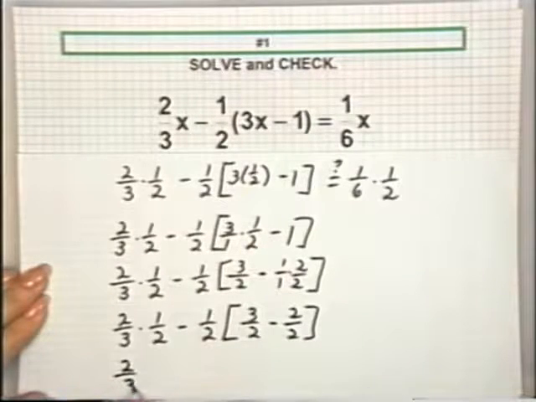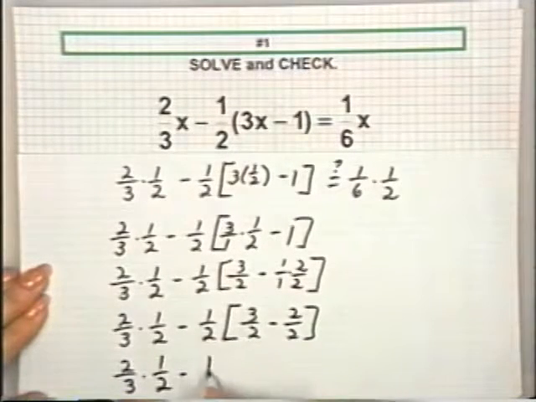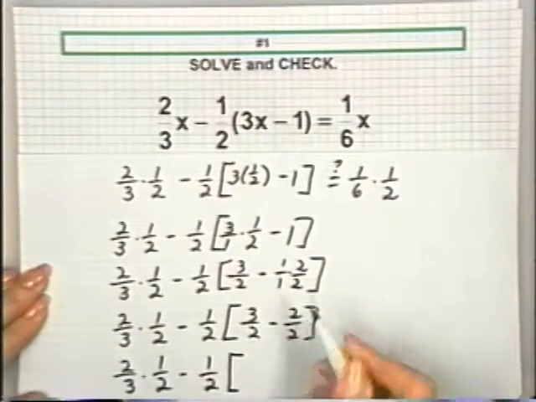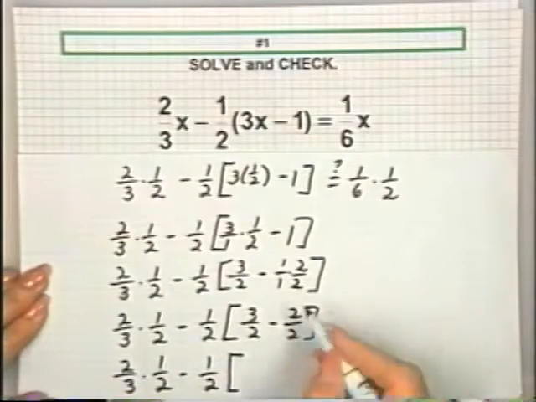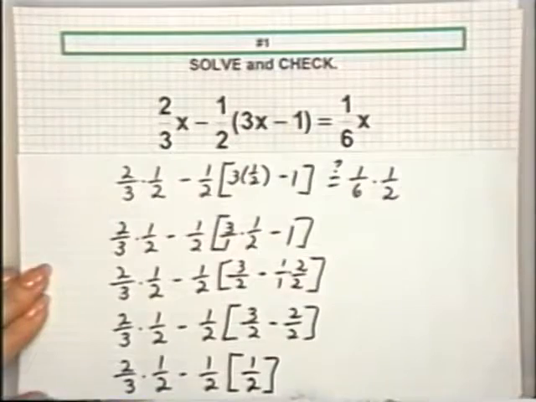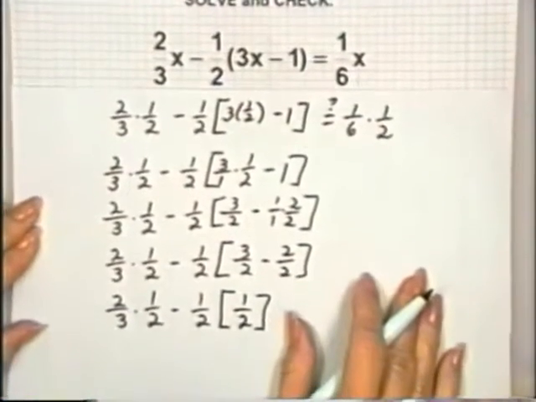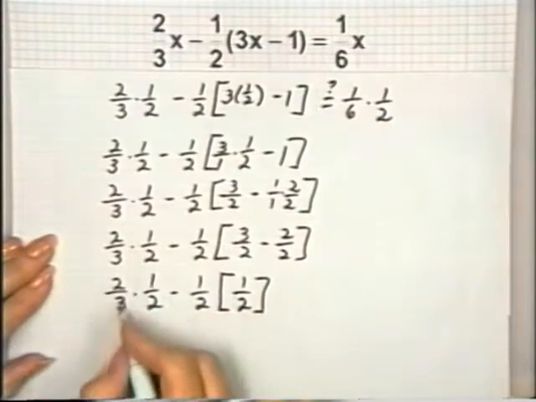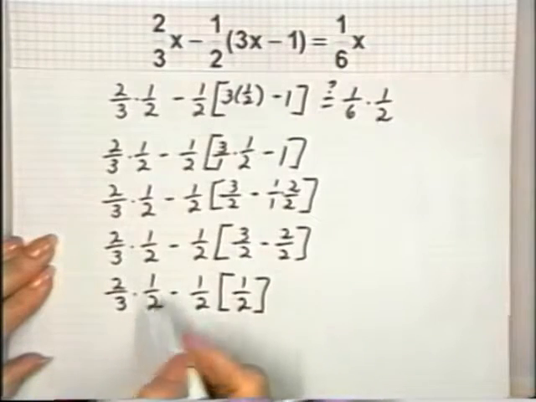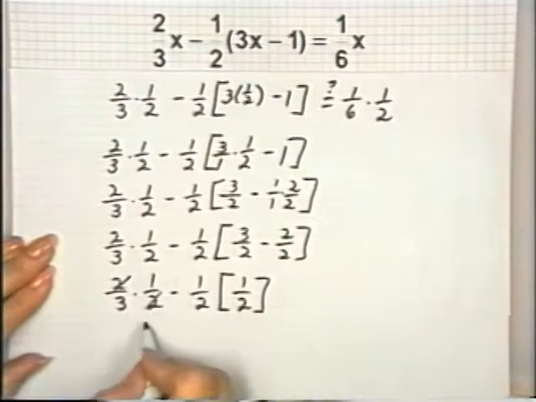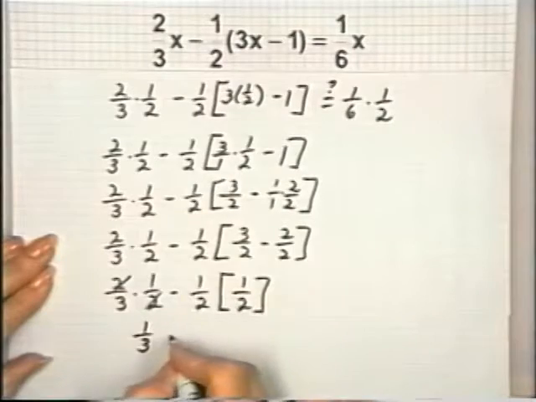Now in my brackets, I now say 3/2 subtract 2/2, which is 1/2. I am ready to multiply 2/3 times 1/2. Of course, the 2's cancel. I am left with 1/3.